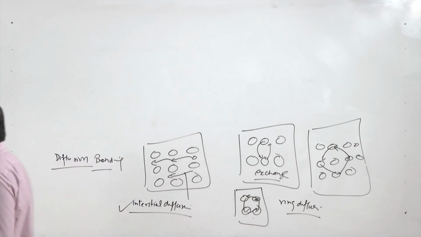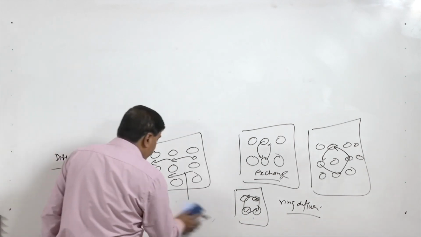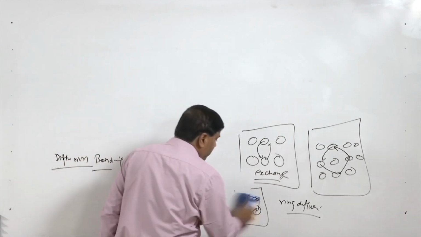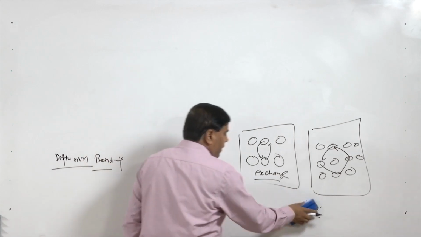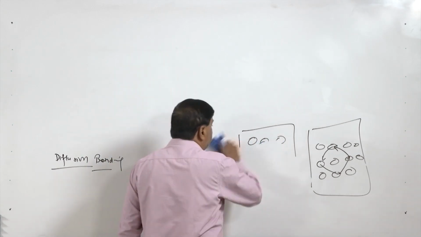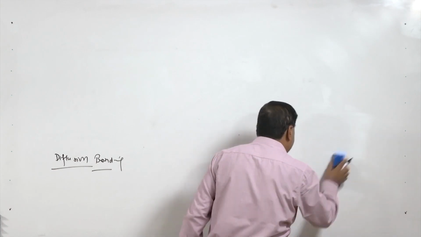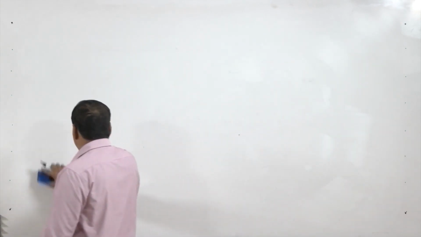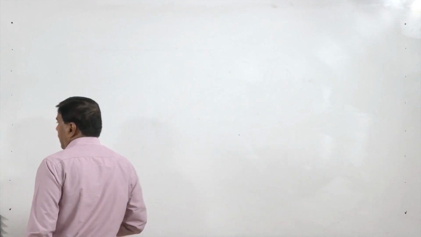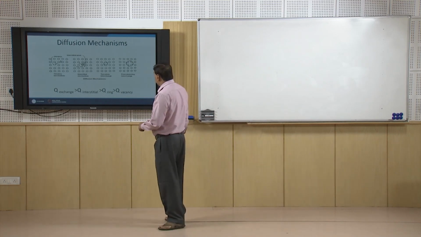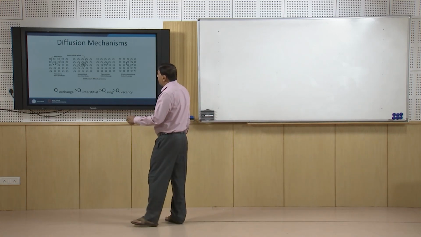The kind of energy required for movement of the atoms through the different mechanisms is found to be different. Vacancy diffusion needs the minimum energy for the movement of the atoms, which is measured in terms of the activation energy. So, the activation energy is minimum for vacancy diffusion, that is what we can see.